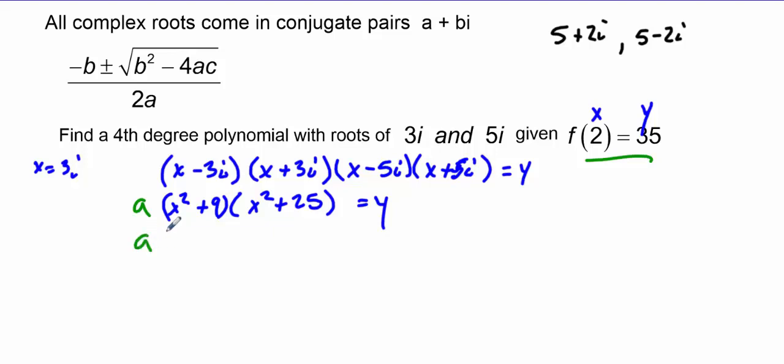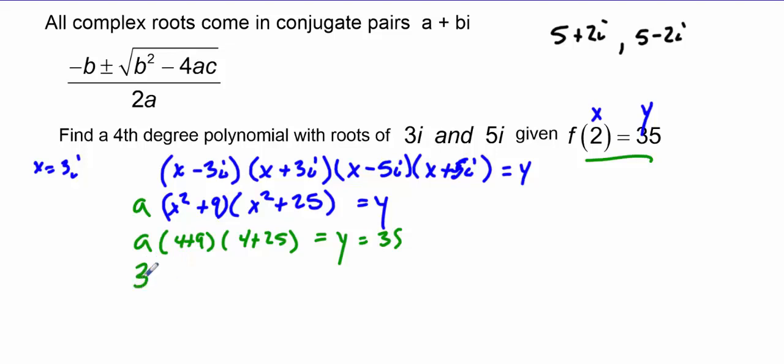So I have a, and that's basically going to be 4 plus 9, while this is 4 plus 25, is equal to y, which in this case is 35. So now I know I've got whatever 13 times 29 is.